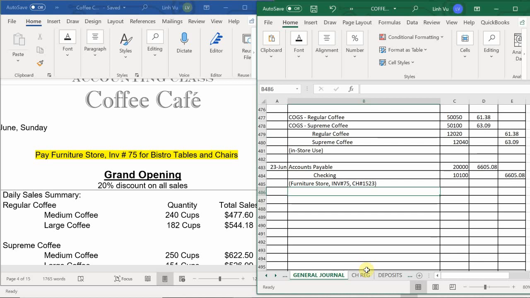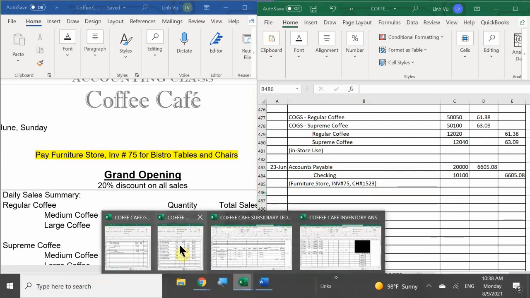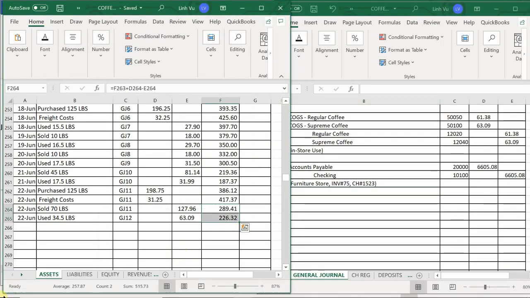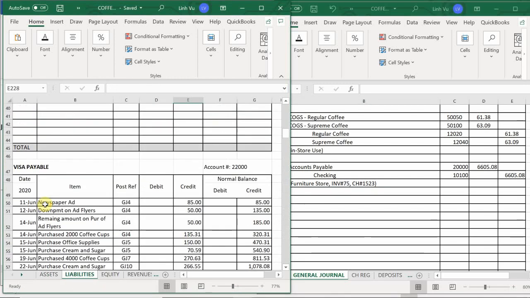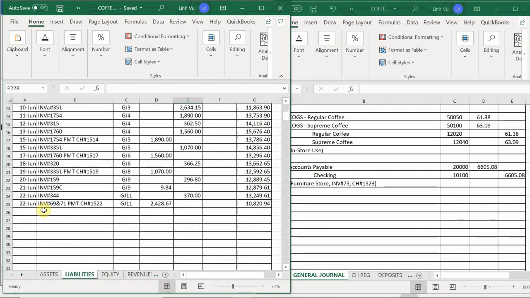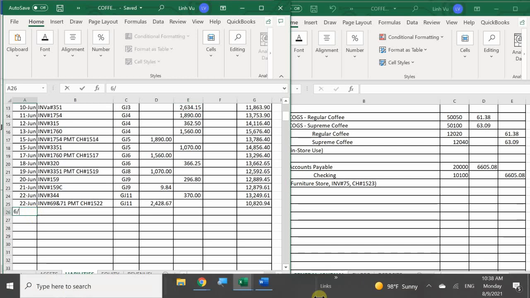Then we go to our general ledger. Liabilities. Accounts payable. Invoice number 75.